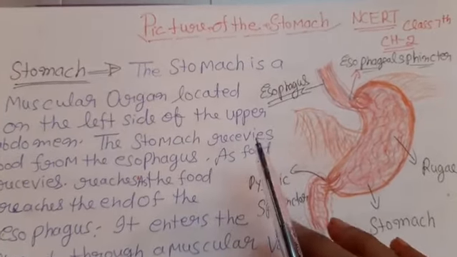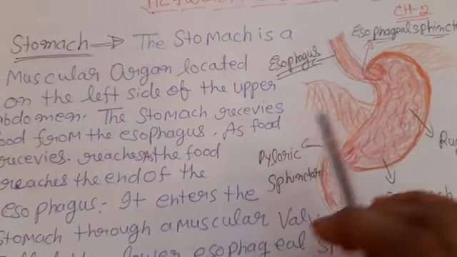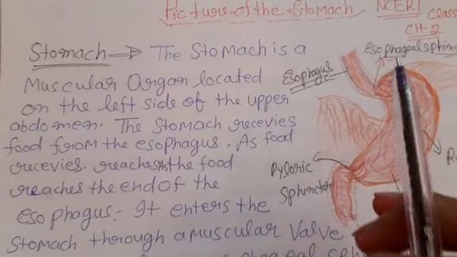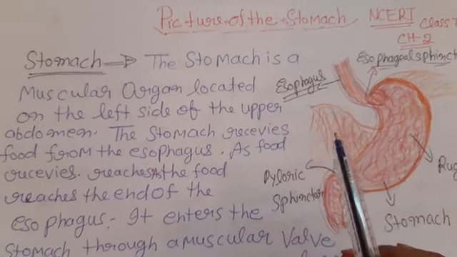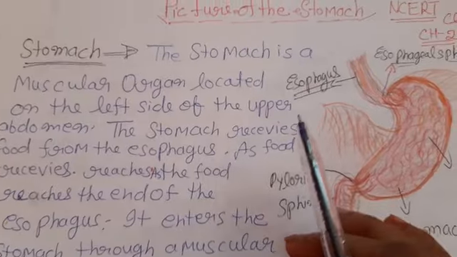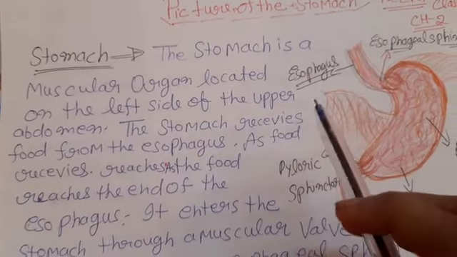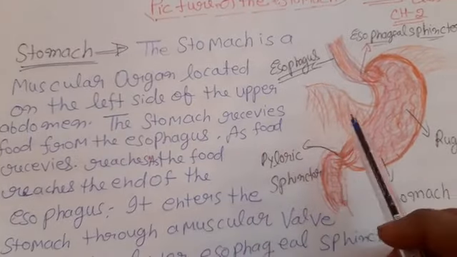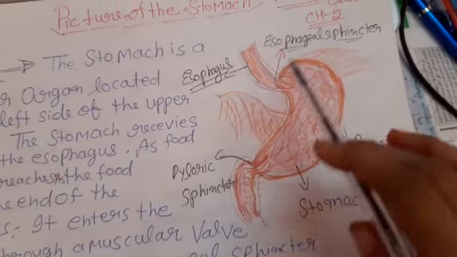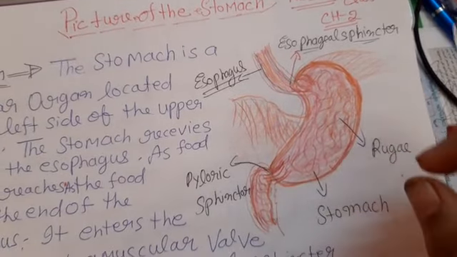Hope all are well. Today's topic is the picture of the stomach, the anatomy of the stomach, and the main function of the stomach. Today's topic is taken from the NCERT for class 7. These are very important facts. Here we will discuss the stomach. This is a stomach diagram I have already drawn here.